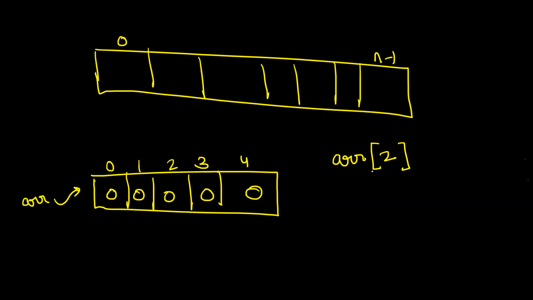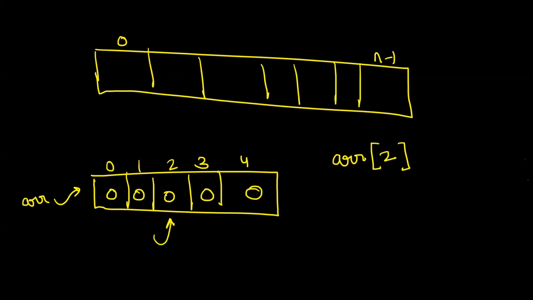So what is ARR of 2? ARR of 2 will tell me what is the data that is present at index number 2. So if you do a System.out.println ARR of 2, you are talking about what is the data present at index number 2, and that is 0. So if I do SOP ARR of 2, 0 will be printed.